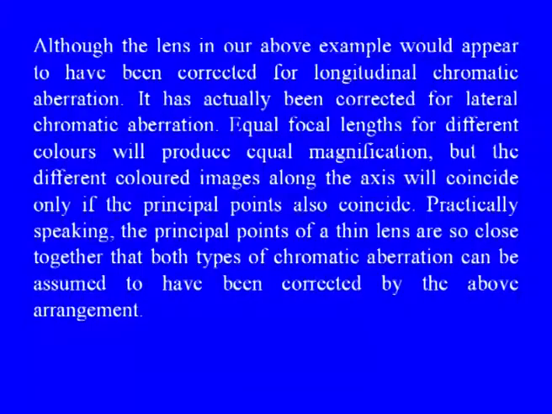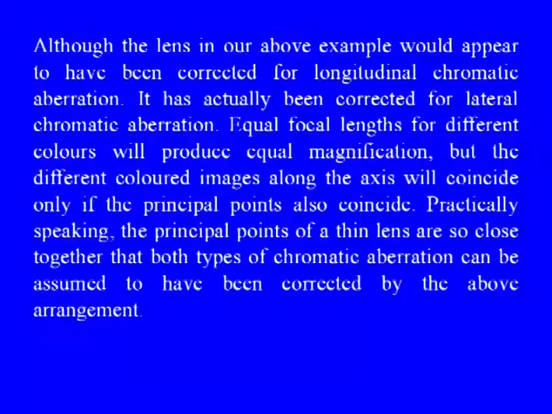Now, although the lens in our above example would appear to have been corrected for longitudinal chromatic aberration, it has actually been corrected for lateral chromatic aberration as well. You see, equal focal lengths for different colors will produce equal magnification, but the different colored images along the axis will coincide only if the principal points also coincide. Focal length becoming equal is not enough.